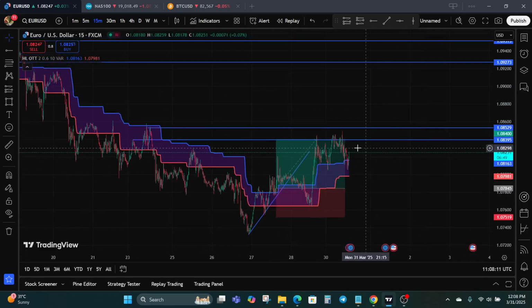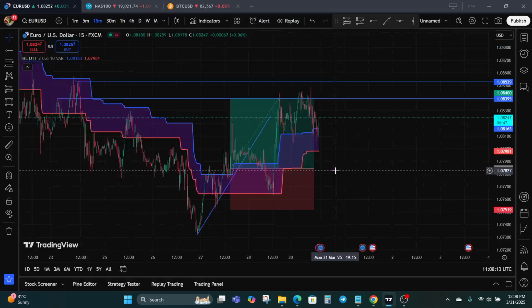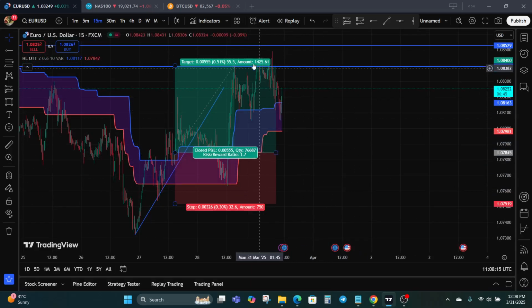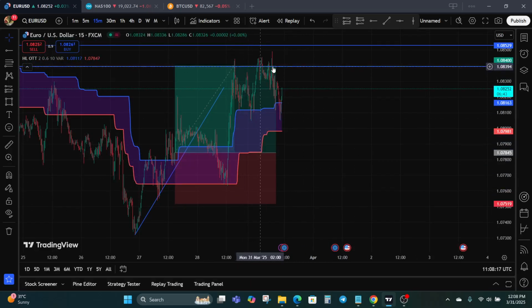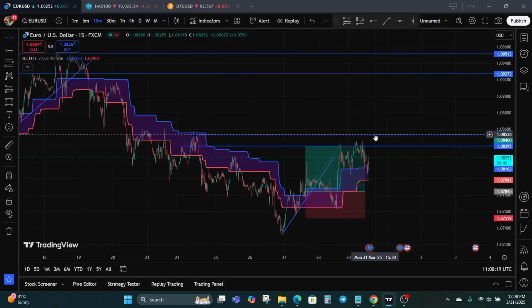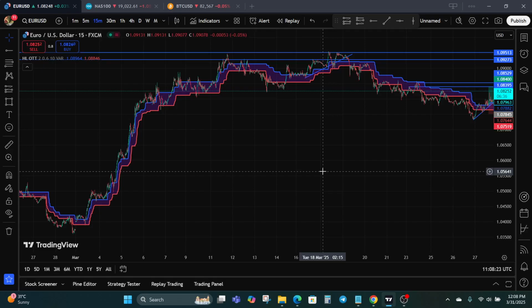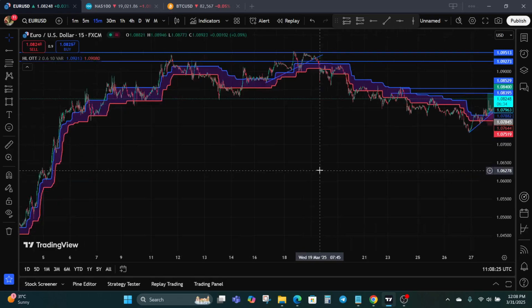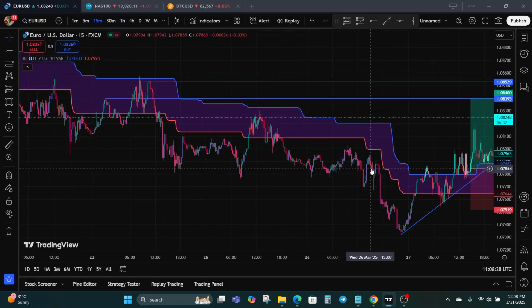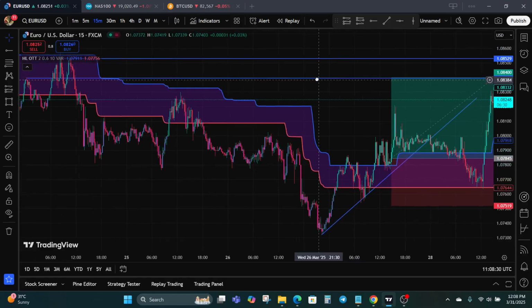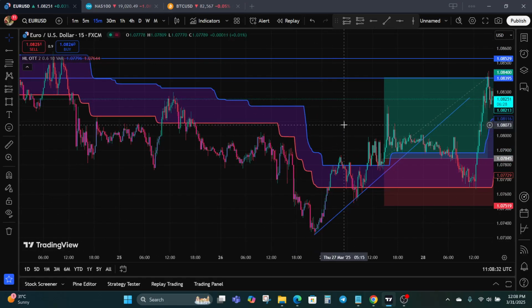So if you set your take profit around this first resistance, then it's also a good one, and you would have closed on profits if you had done that, right? So using this indicator is quite straightforward. You get quick signals, and you're able to make better decisions for your trade entries and even your exits.